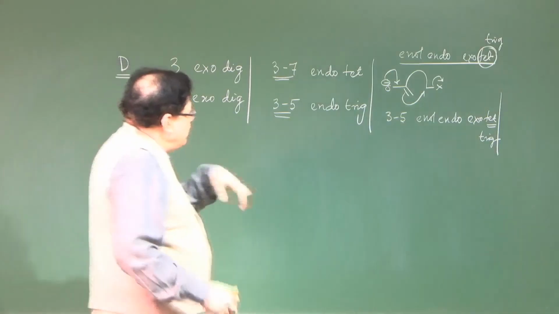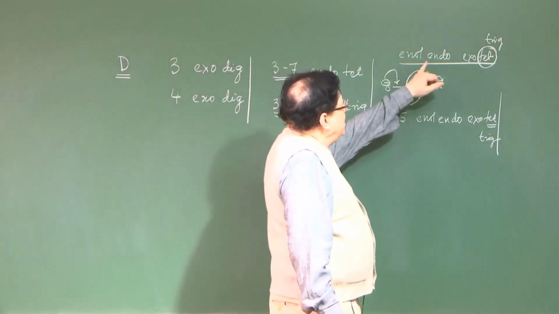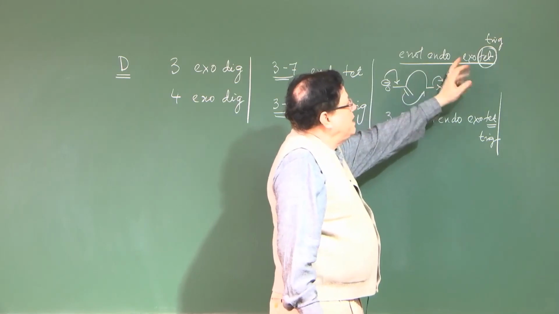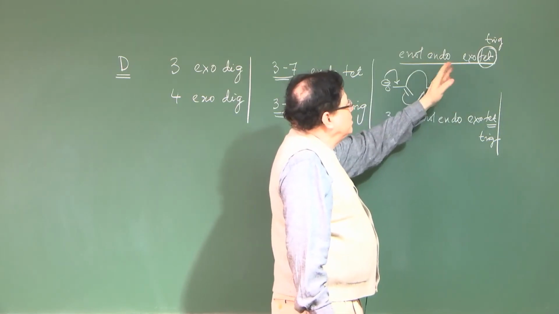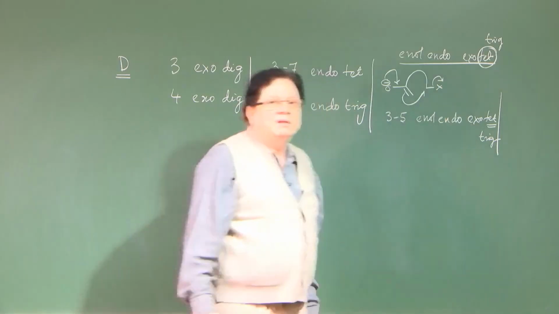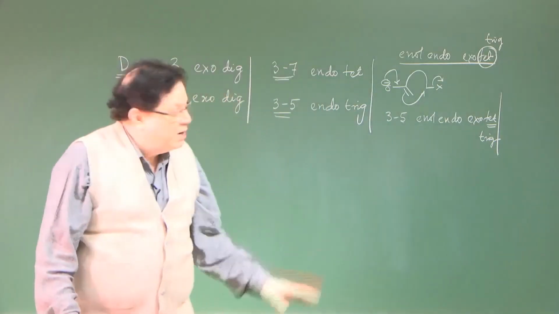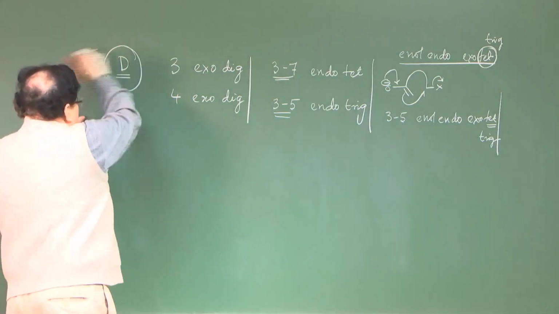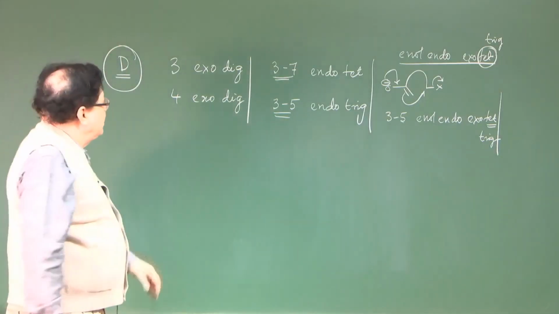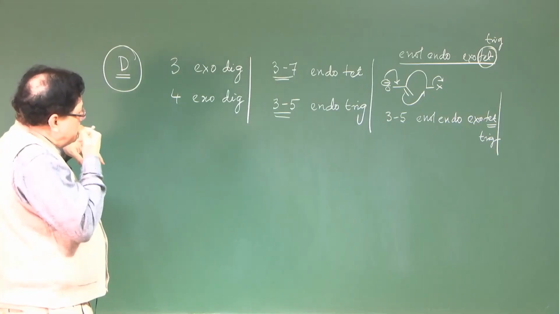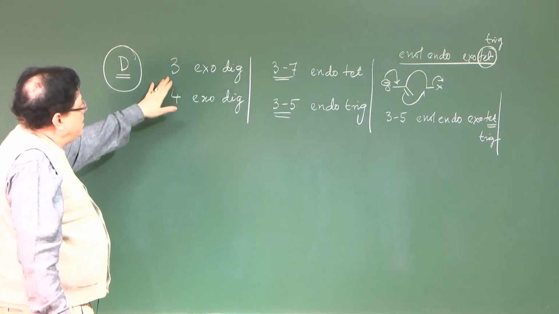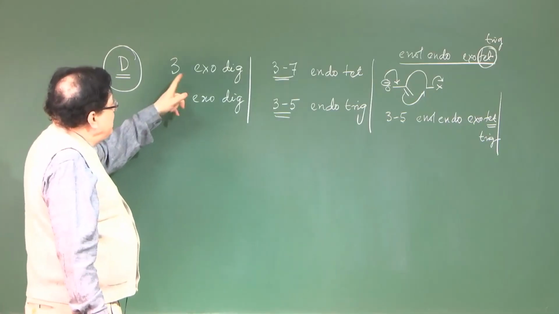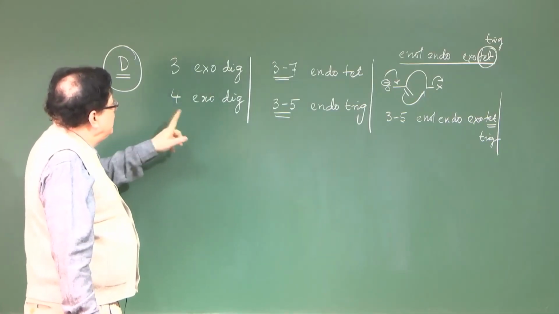And that immediately tells that enol exo, exo tet or enol exo exo trig, these are actually favored processes, because we are just picking out the disfavored processes. So, again I repeat, disfavored processes involving non-enolate systems, that is 3 exo dig and 4 exo dig.